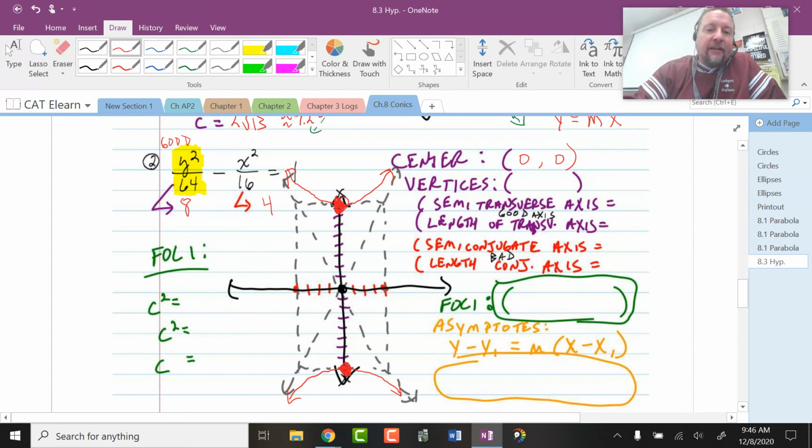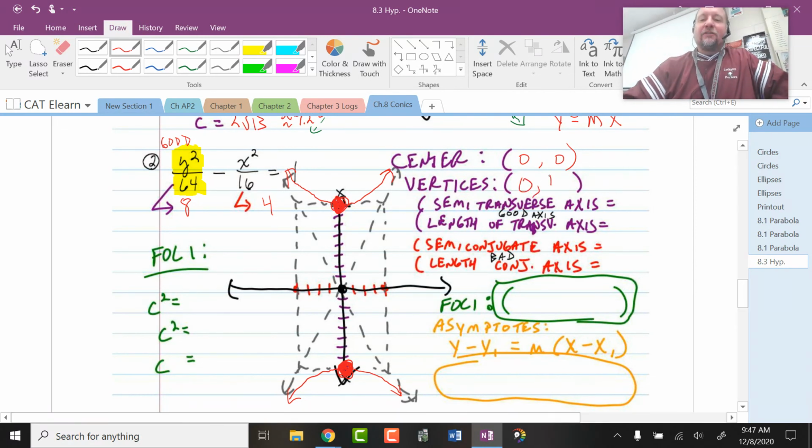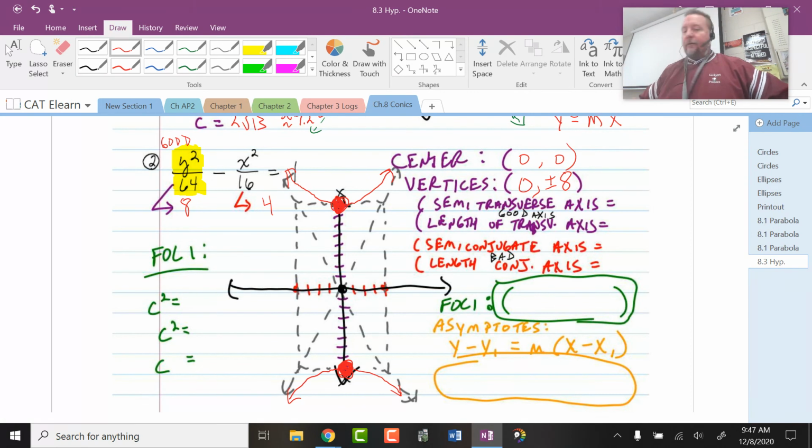The vertices are the actual vertexes of the two things that look like parabolas. So we just got to make a switch on plus minus 8 comma 0. And I guess you weren't technically wrong saying plus or minus 0, but that's okay. Doesn't really matter. All right. So the things that you just mentioned, I'm going to just go ahead and put these in here.